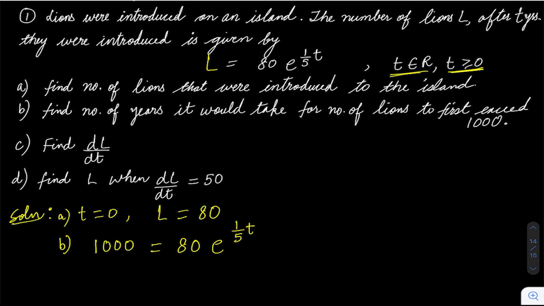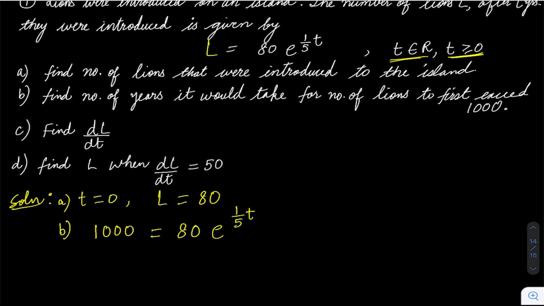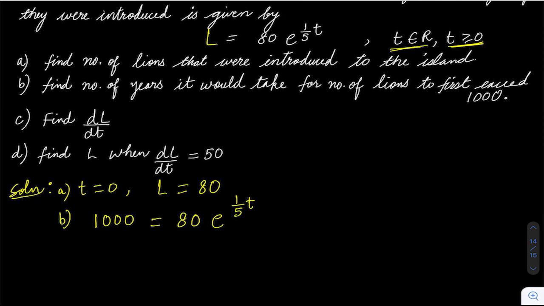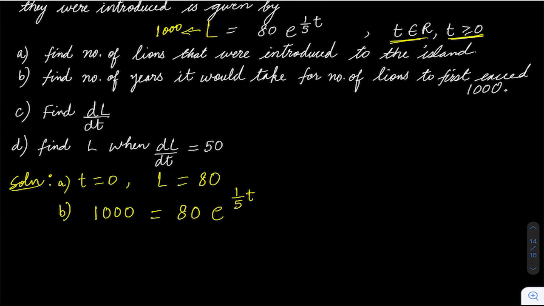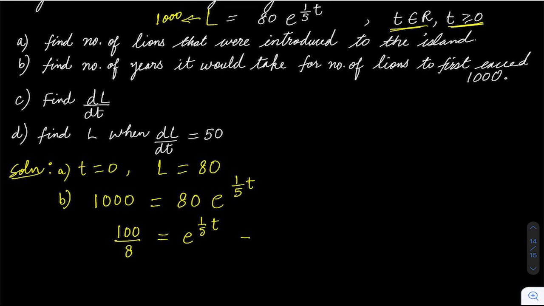So just after this time, obviously my number of lions will be greater than 1000. So this L will become equal to 1000. So let's simplify this. So this will be nothing but 100 by 8 equals e power 1 by 5 t. Now take log on both sides.